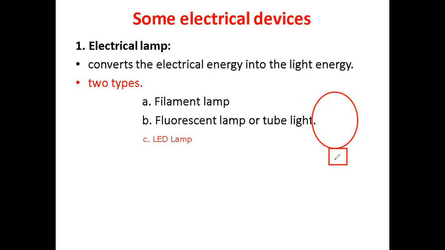From here, one wire is going inside to the coil. This is called a filament lamp.